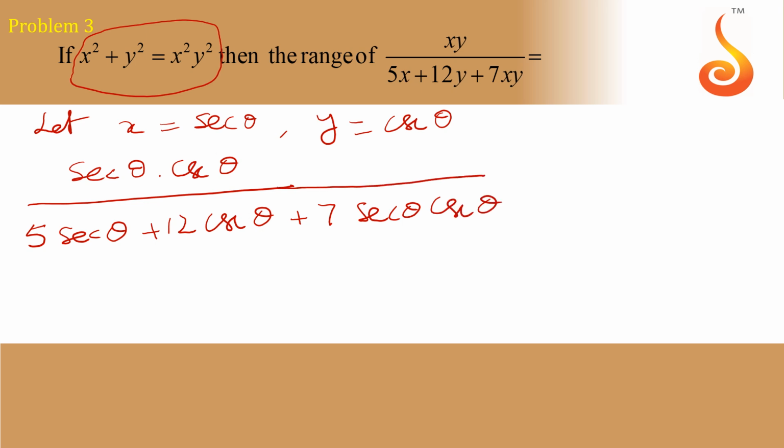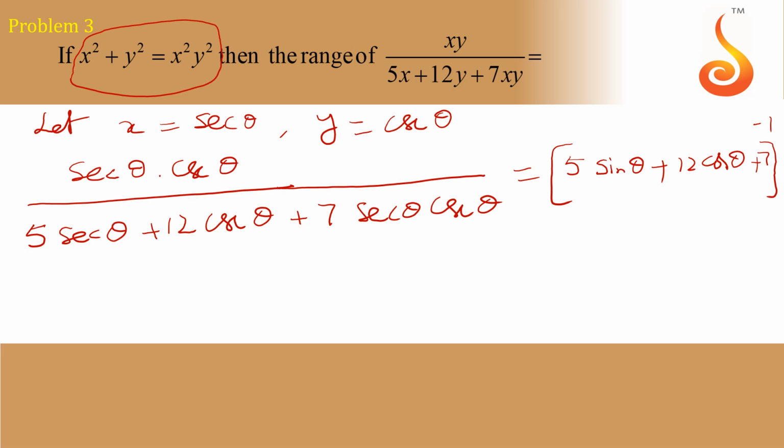Then, if we divide both numerator and denominator by secant theta cosec theta, it will be 5 sin theta plus 12 cos theta plus 7, whole to the power of minus 1.